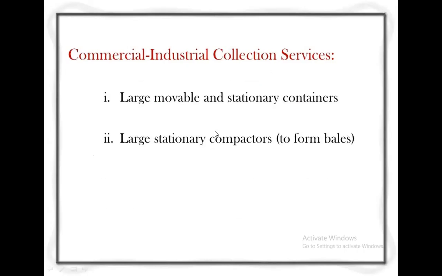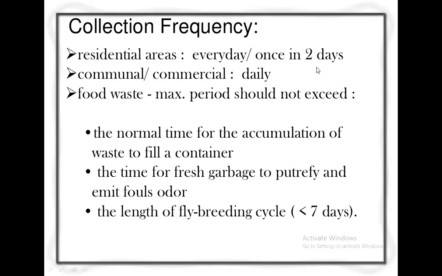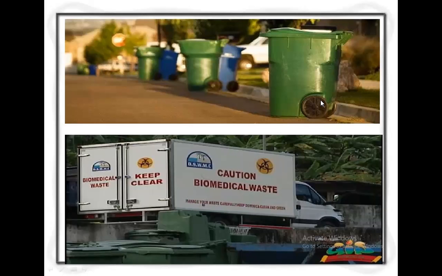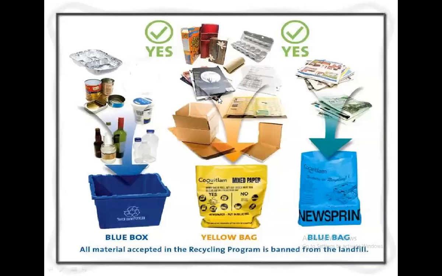These are the large movable and stationary containers. See this biomedical waste which is collected by this vehicle. These are the movable containers. See these waste carrying vehicles. This is blue box, yellow bag, blue bag.